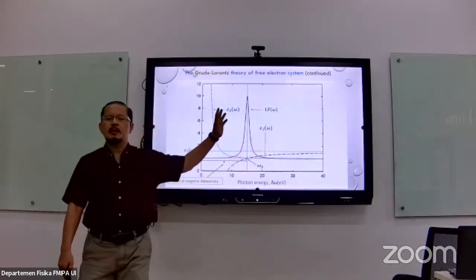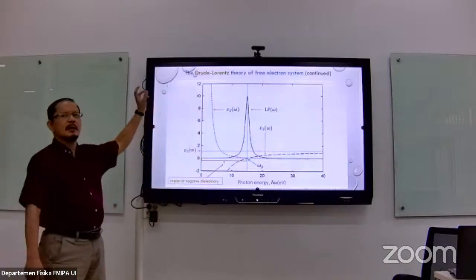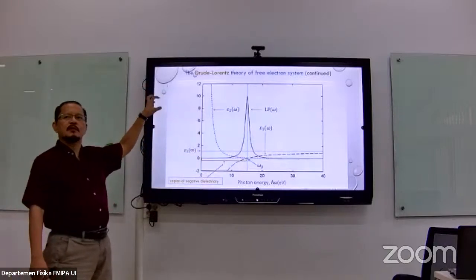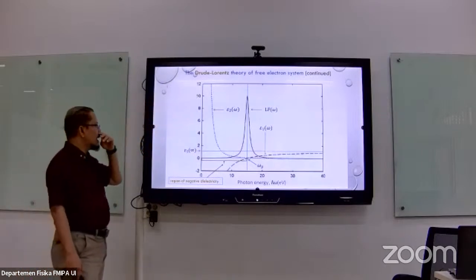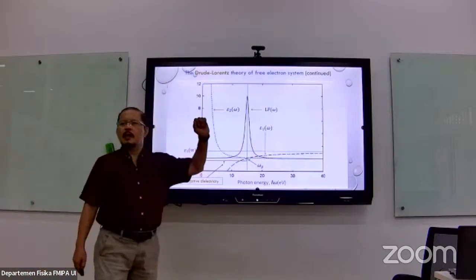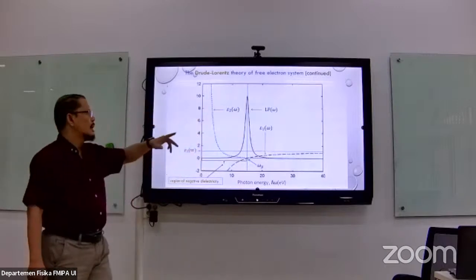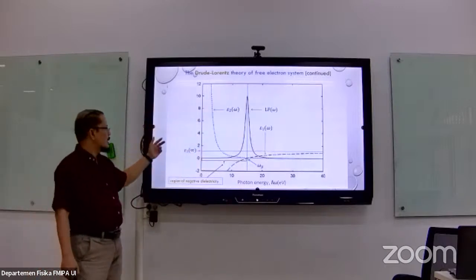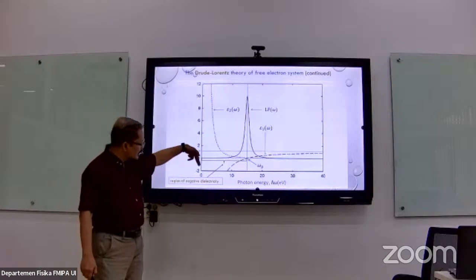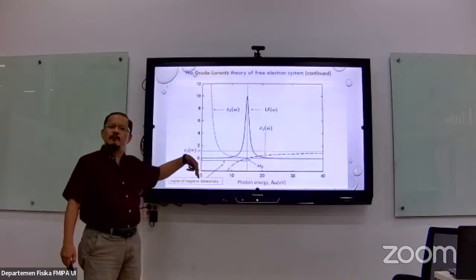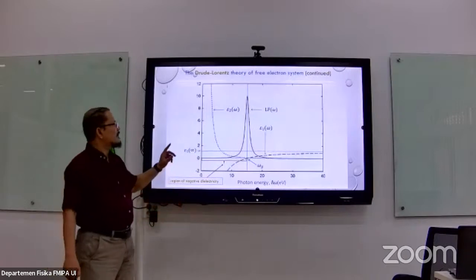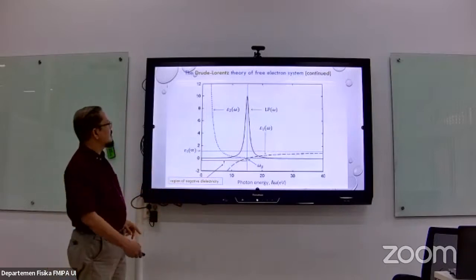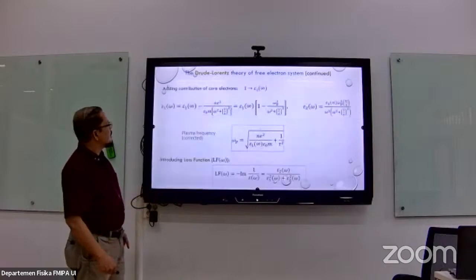As you remember, epsilon 1 is some value, epsilon 1 infinity, minus the Drude term. If we take omega equal to 0, that leads epsilon 1 to be very, very negative. Let me go back to this page.